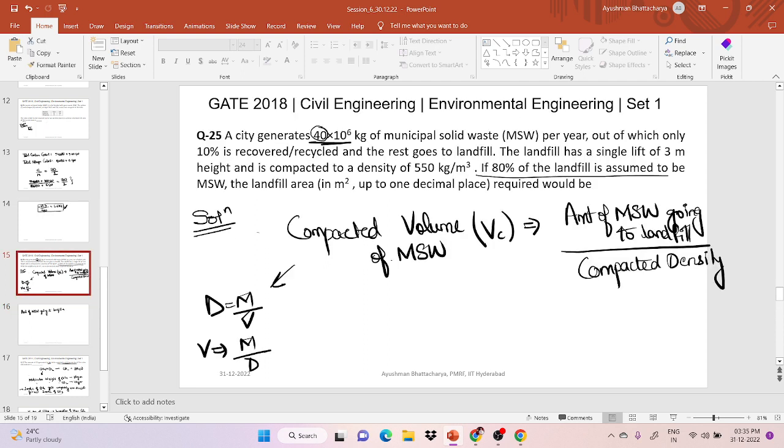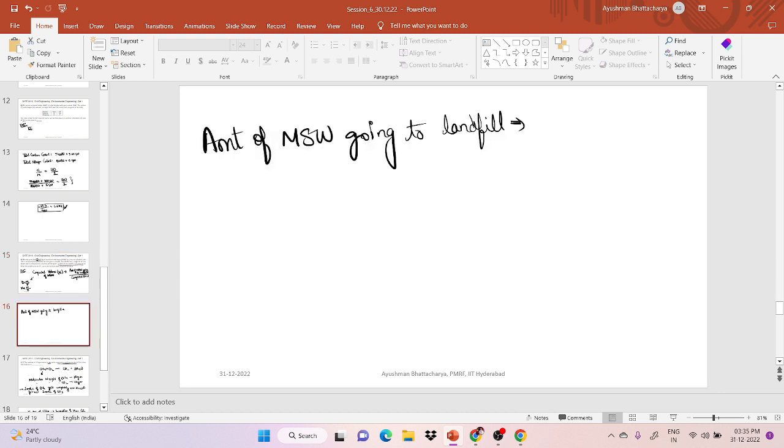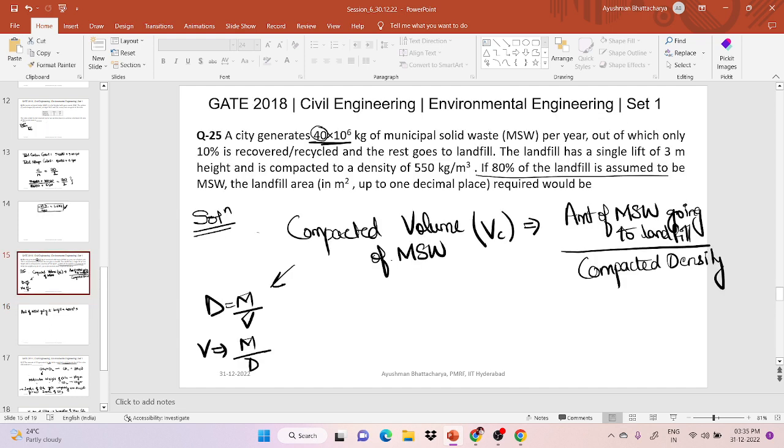So see, they are saying a city generates 40 into 10 to the 6 kg of municipal solid waste, and only 10% is recovered and the rest goes to landfill. This sentence is very important. Rest goes to landfill, only 10% is recovered.